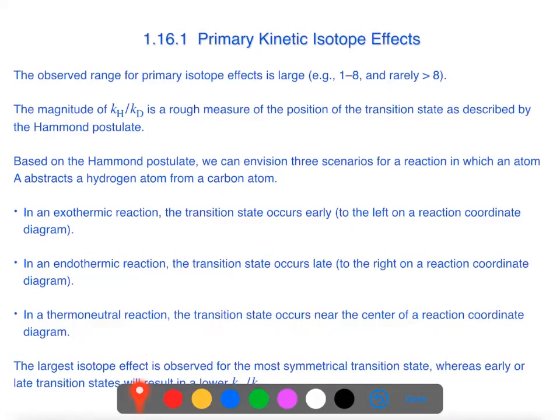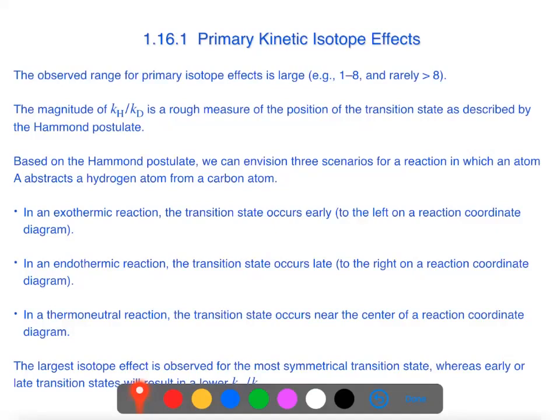Based on the Hammond postulate, we can envision 3 scenarios for a reaction in which an atom A abstracts a hydrogen atom from a carbon atom. In an exothermic reaction, the transition state occurs early, to the left on a reaction coordinate diagram. In the second case, in the endothermic reaction, the transition state occurs late, to the right on a reaction coordinate diagram.